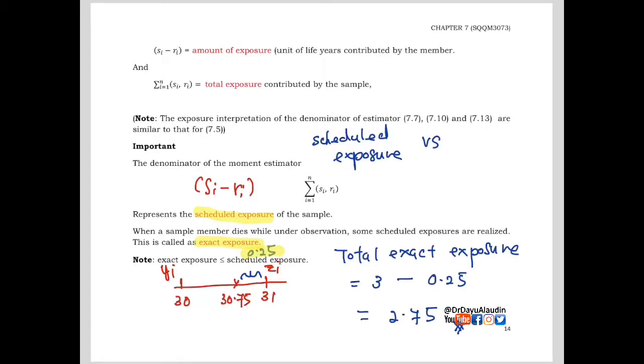So example 1 is scheduled exposure. Example 2 is how to find the exact exposure. So the difference is that for scheduled exposure, we do not take into account the time of death. We just follow the interval. For exact exposure, we take into account the exact death. So the death happened here.